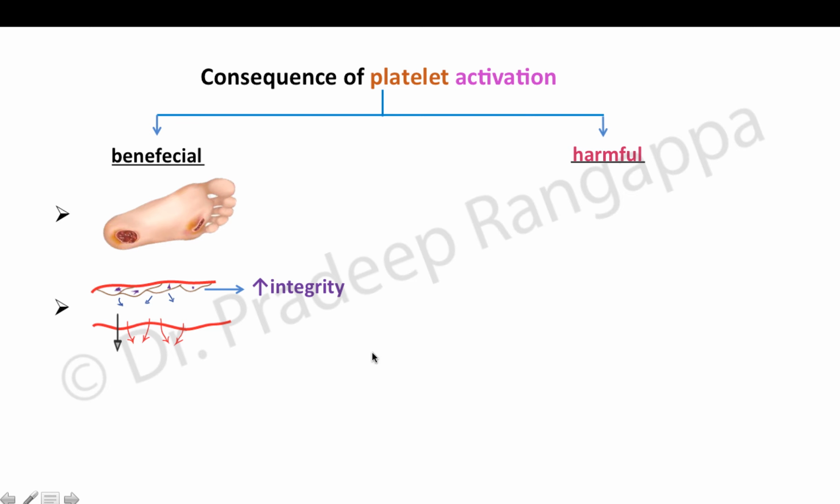Another important function is to maintain the endothelial integrity in the blood vessels. Platelets are needed to maintain the endothelial integrity to prevent vascular leakage, and they reduce vascular permeability. This is extremely useful in conditions like dengue or any other multi-organ dysfunction due to viral sepsis, because the predominant pathophysiological mechanism is extensive vascular leakage.